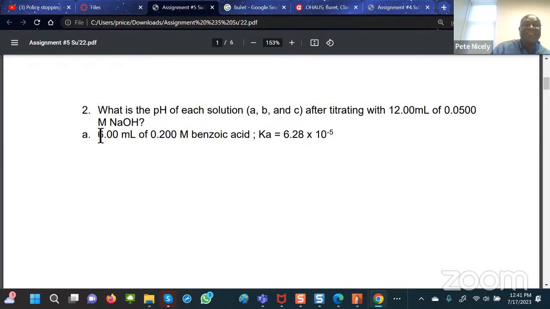In the case of question 2A, it says, what is the pH of each solution, A, B, and C? So we're talking about A in this case. After titrating 12.00 mL of 0.0500 M sodium hydroxide with 6.00 mL of a 0.200 M benzoic acid solution, and they gave you the Ka value for benzoic acid, which is 6.28 times 10 to the minus 5.